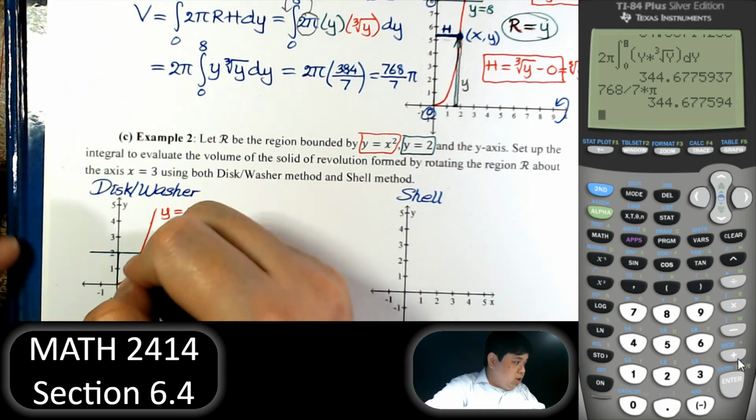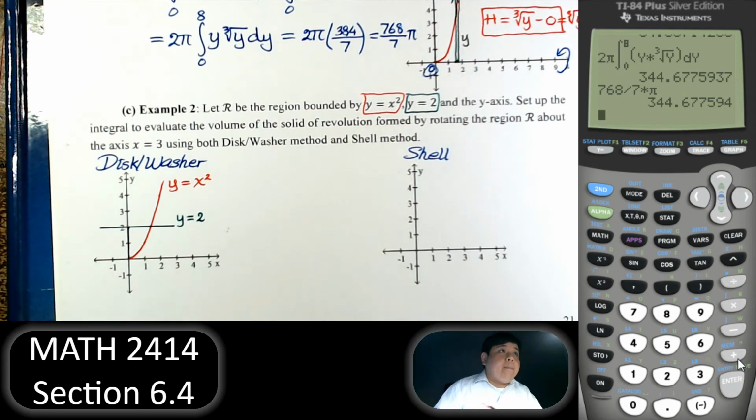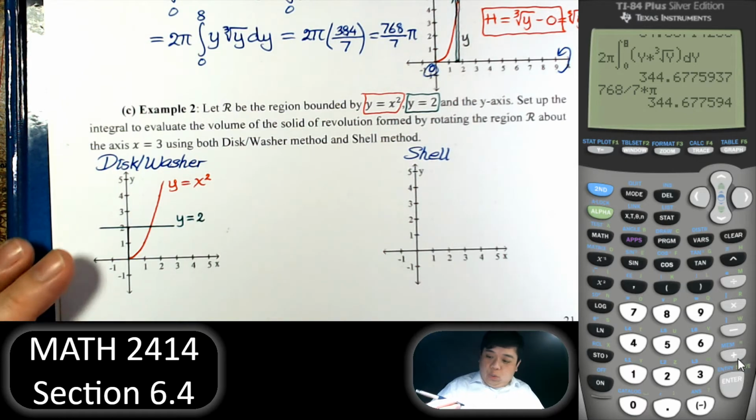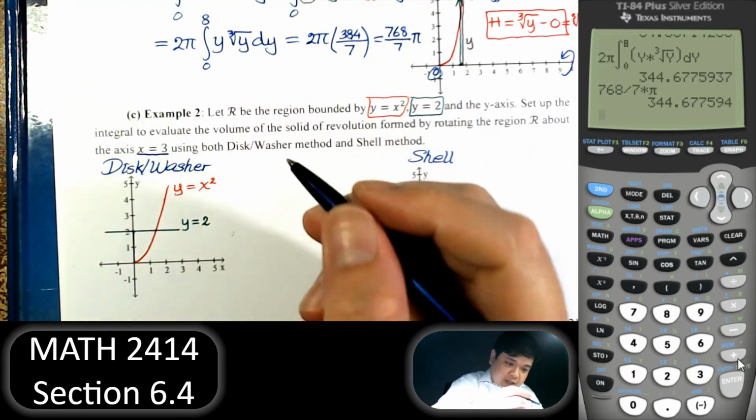So we're talking about this region here, and the axis of rotation is x equal to 3. That's interesting.